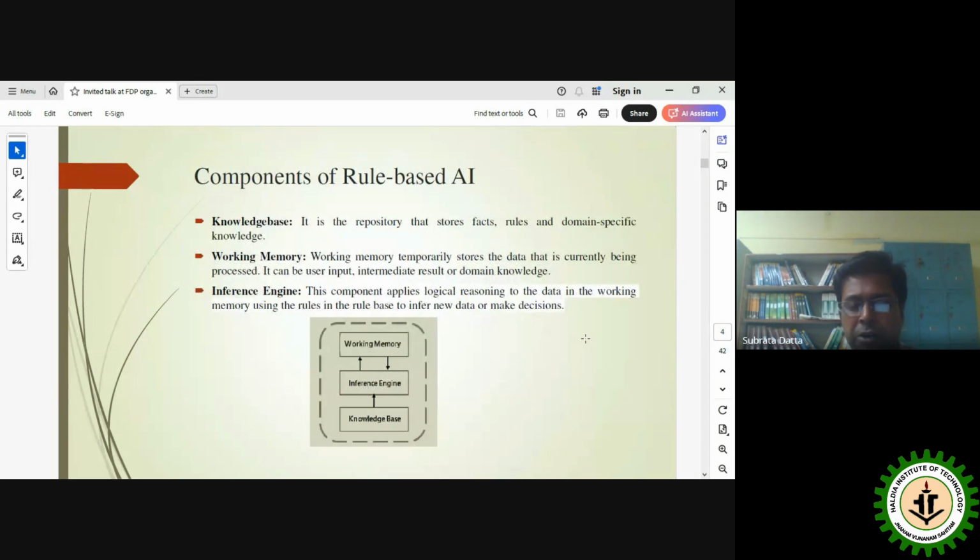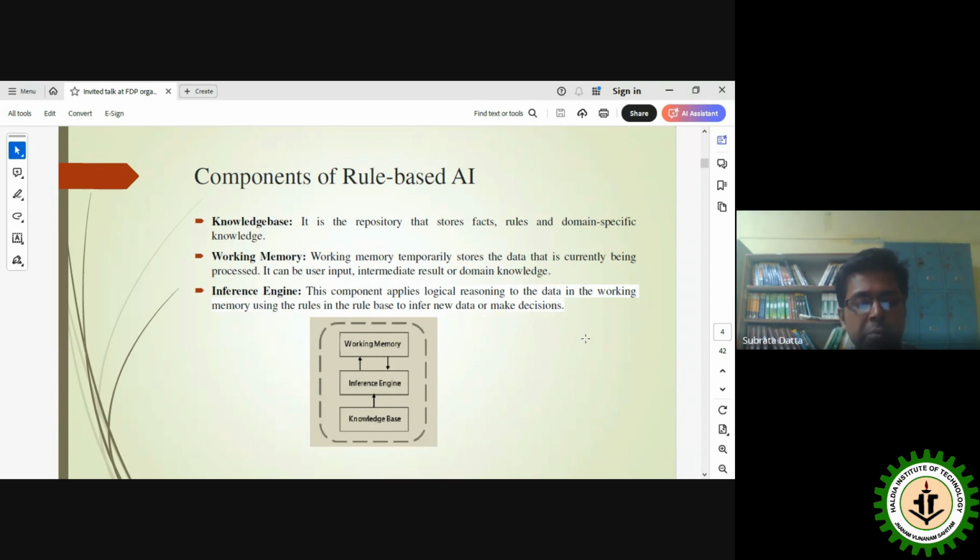These are some bookish terms about the components of rule-based AI. There are more than three components, however, these three are the main components. The first one is the knowledge base, the second one is working memory, and the third one is inferencing. The knowledge base is nothing but a repository where facts, incidents, and domain-specific knowledge are stored.